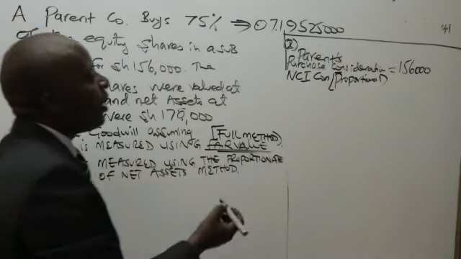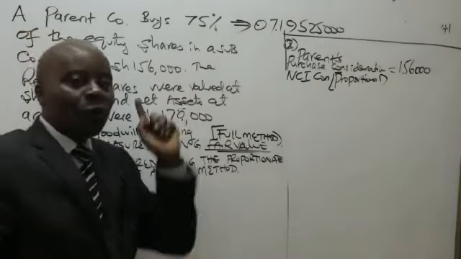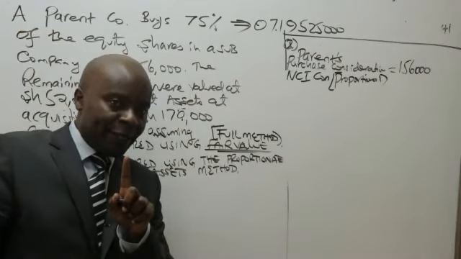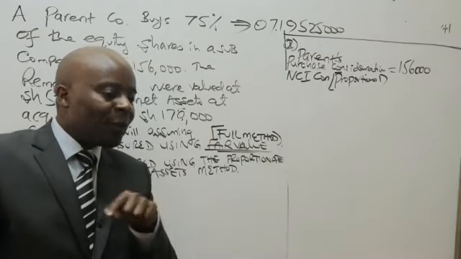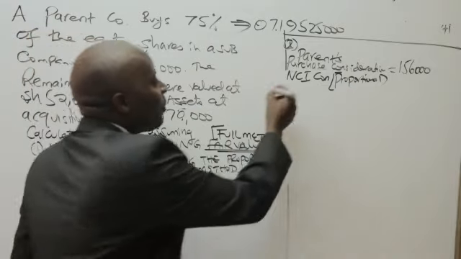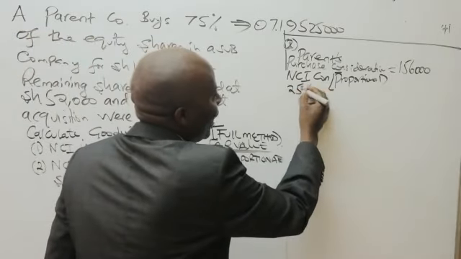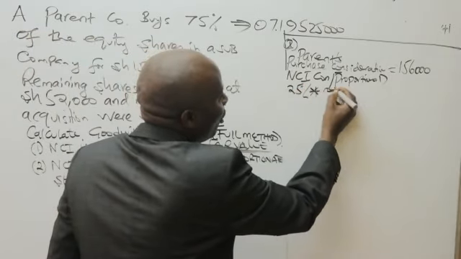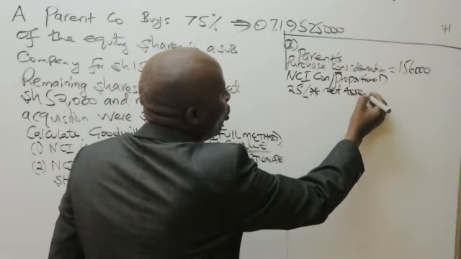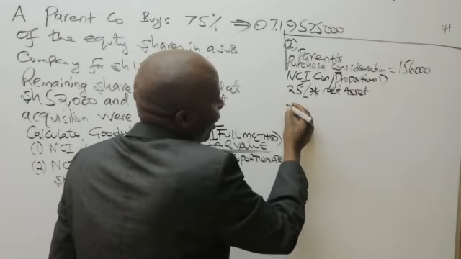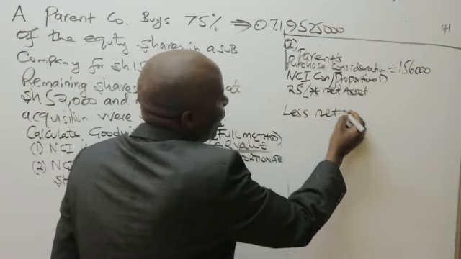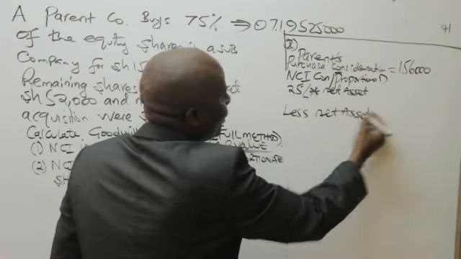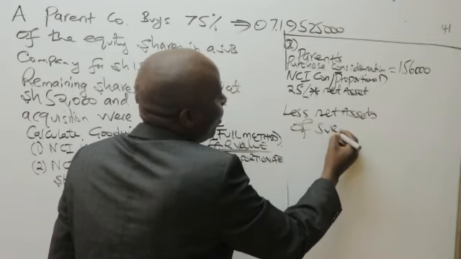So remember, the parent company owns 75%. So 25% is being held by NCI. So it will be 25% of the net assets of the subsidiary. Now listen here, just as we did with the other one, less net assets of the subsidiary.